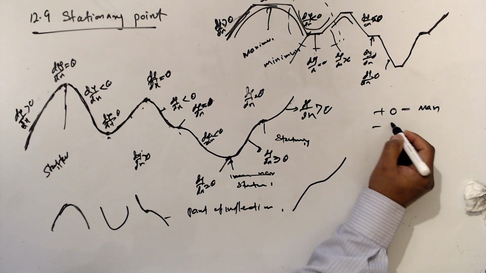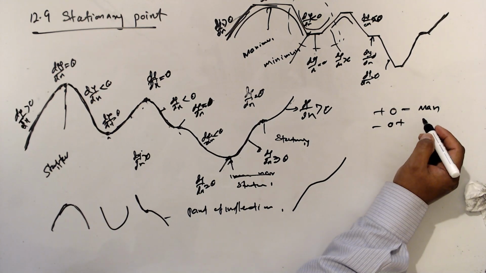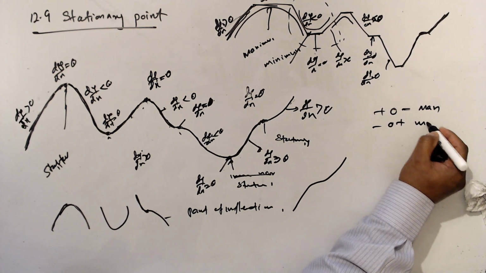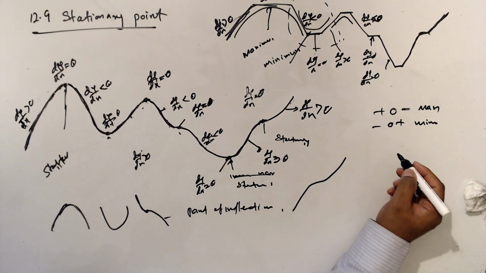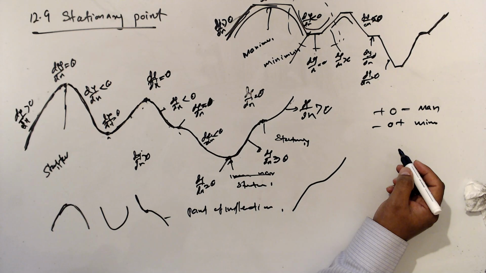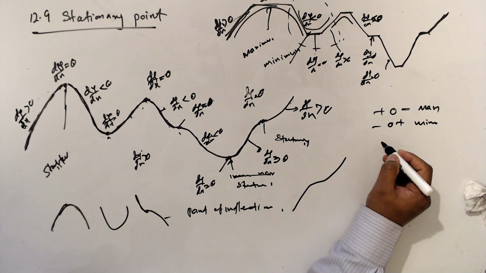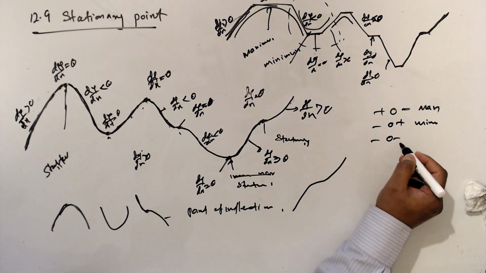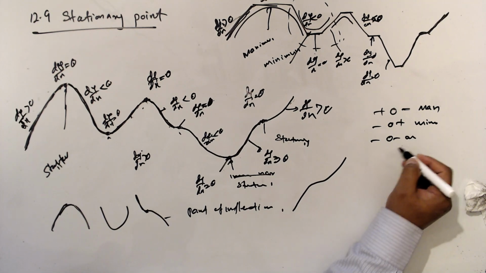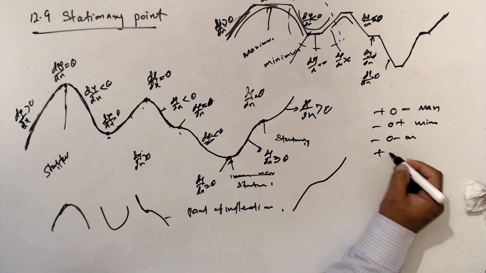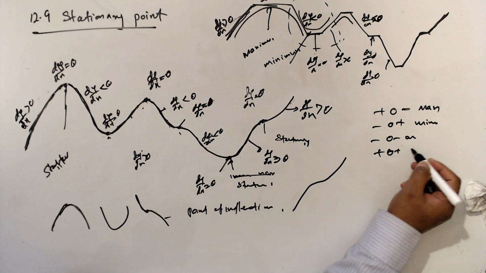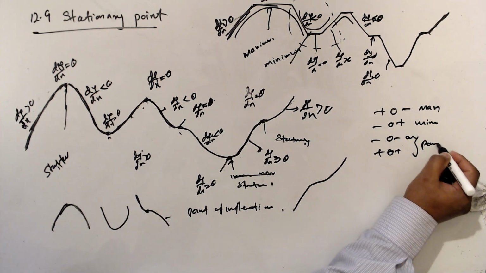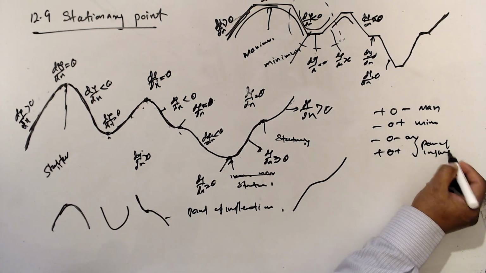Negative, 0, positive, min. Then negative, 0, negative, or positive, 0, positive. So those are points of inflection.